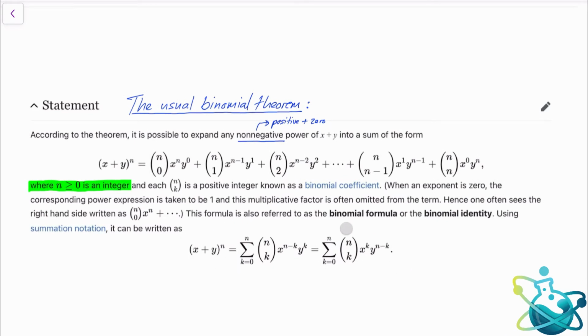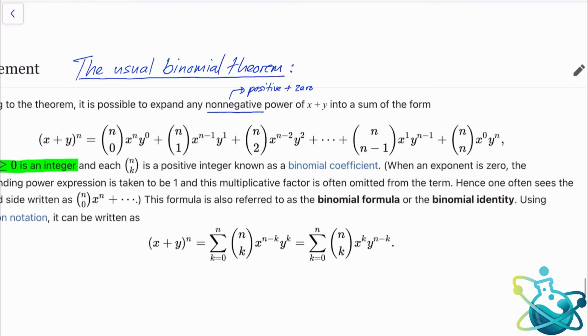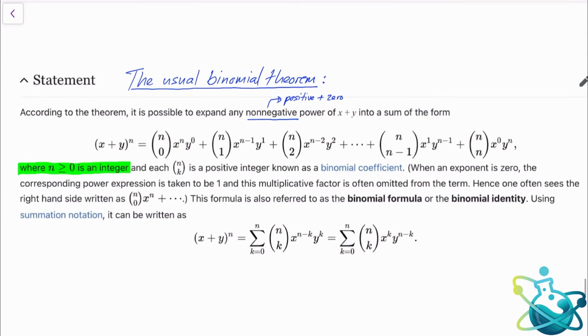It doesn't call it usual here, but in another part it talks about the usual binomial theorem. This is where you have n as positive values or 0, non-negative powers. It's actually integer powers.